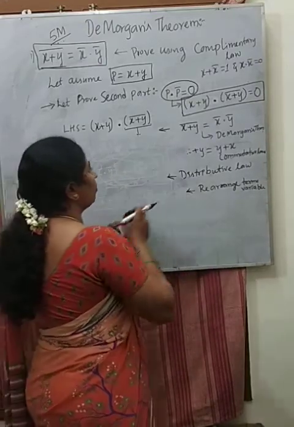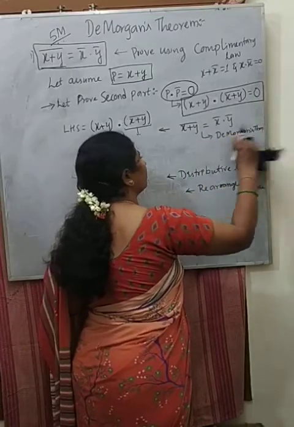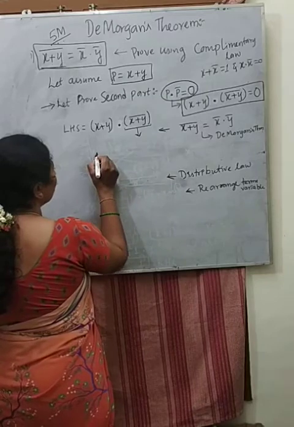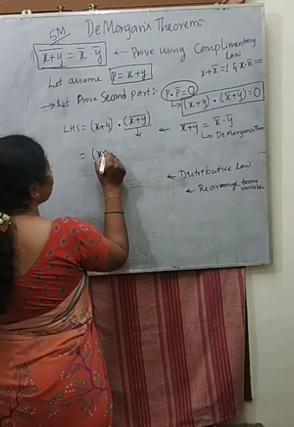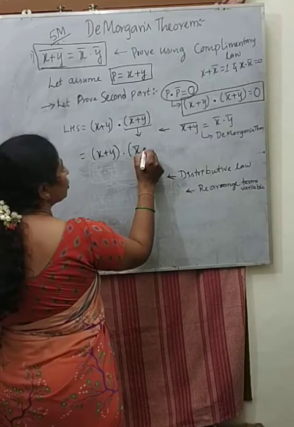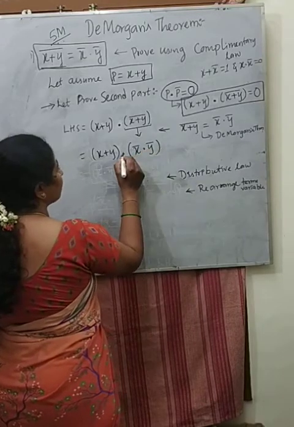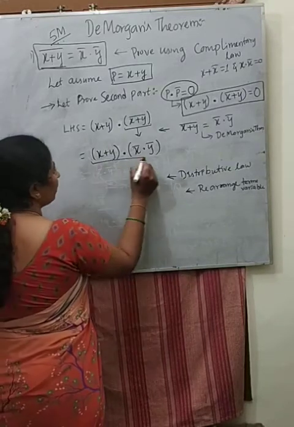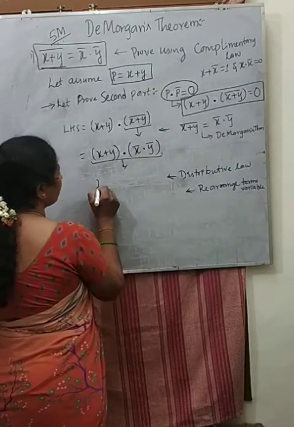There is no commutative law now. Apply your De Morgan's theorem. What will you get? X plus y into x complement into y complement. Apply your distributive law. What will you get?